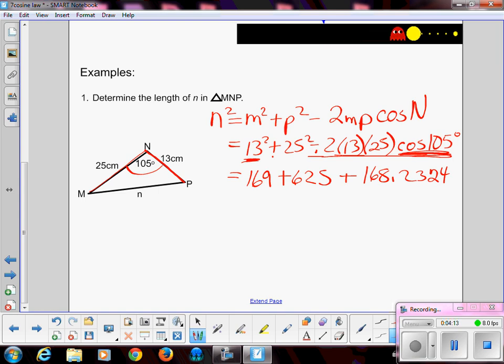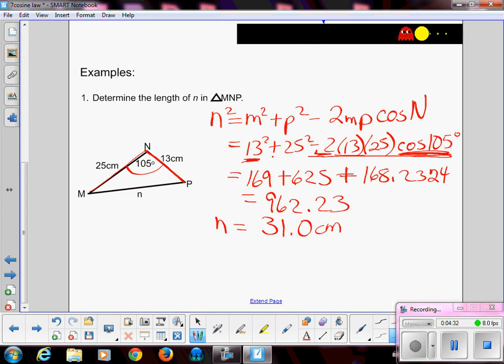So that number becomes a negative, and we have the -2, so that's why we end up with a positive 168. So now I'm going to add them all together to get 962.23 approximately. Take the square root of that, and we get approximately 31.0, and it is centimeters.